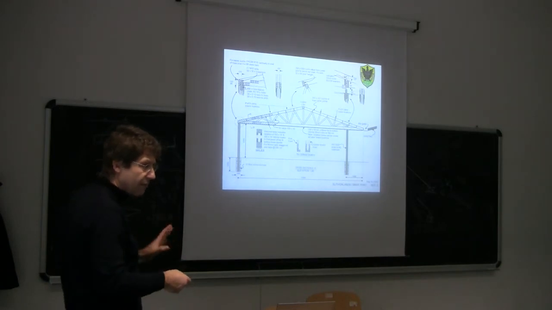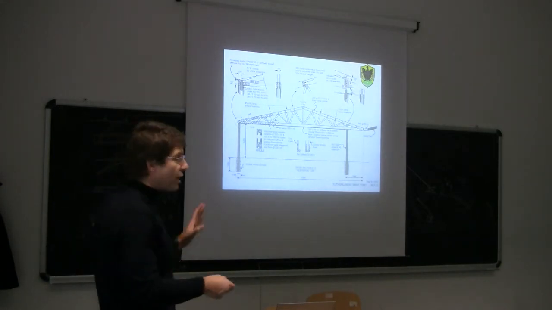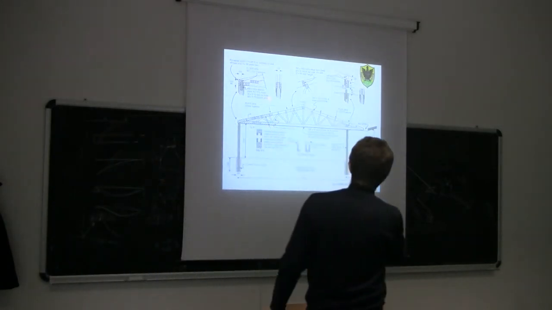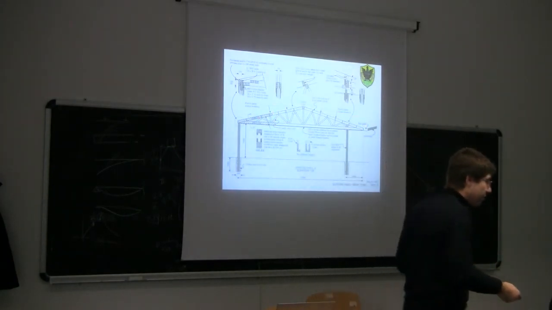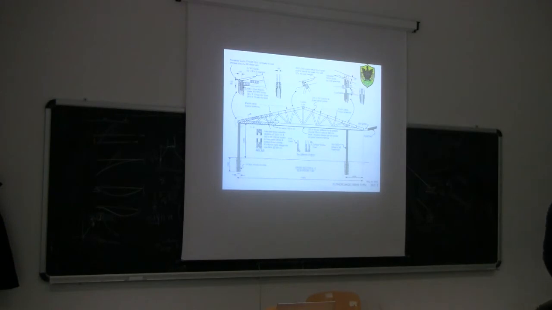So we shouldn't have any eccentricity here. We are allowed to have some eccentricity only in the diagonals, not in the top and bottom chords, because you see, those are actually continuous, so we shouldn't take any eccentricity into account.